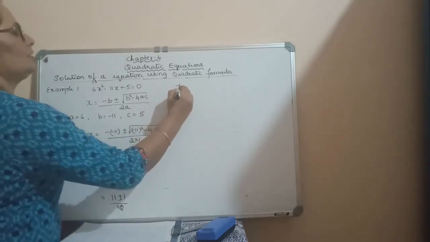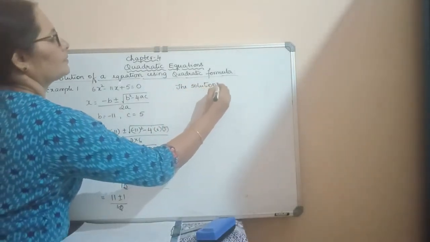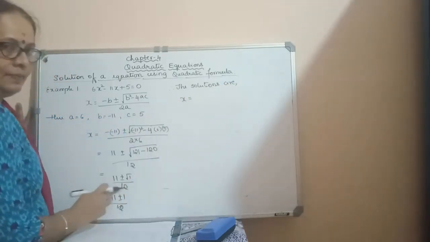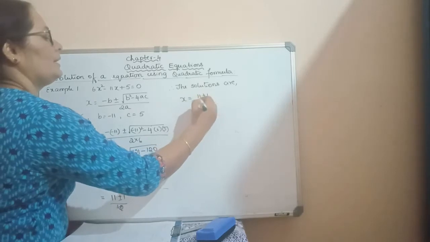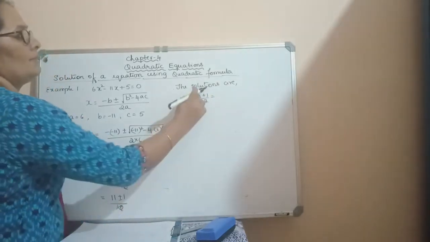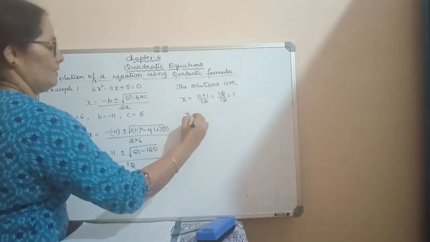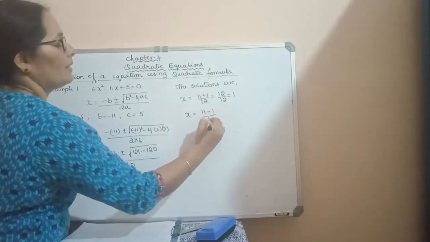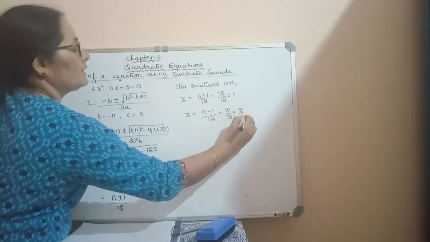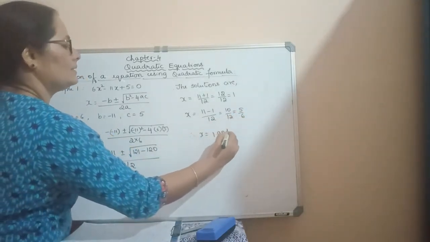Therefore, the solutions of the equation are x equals, first we take plus: 11 plus 1 by 12. 11 plus 1 is 12, 12 by 12 is 1. The other one is 11 minus 1 by 12, which is 10 by 12, 5 by 6. Therefore, the solutions are 1 and 5 by 6.